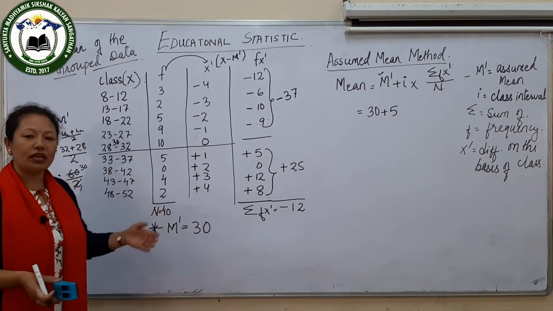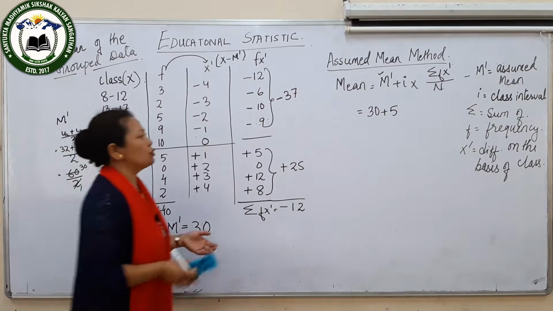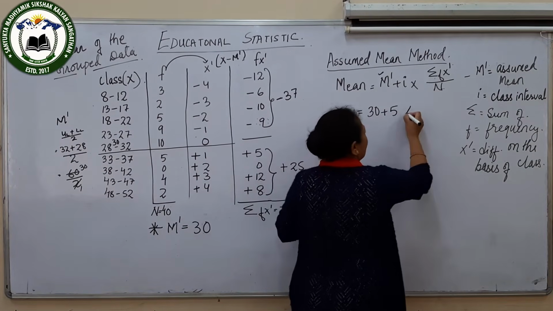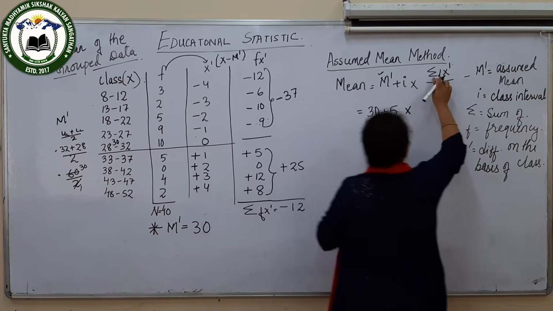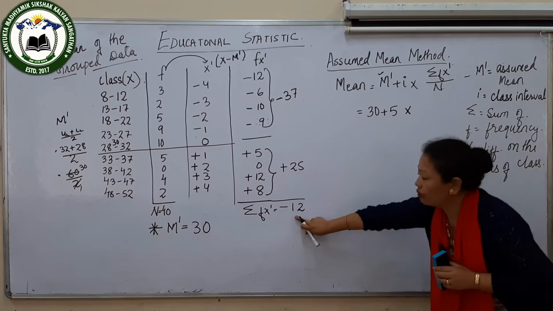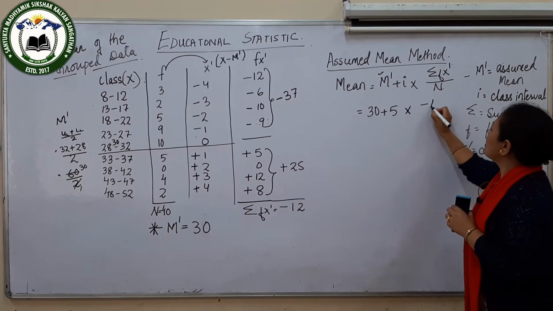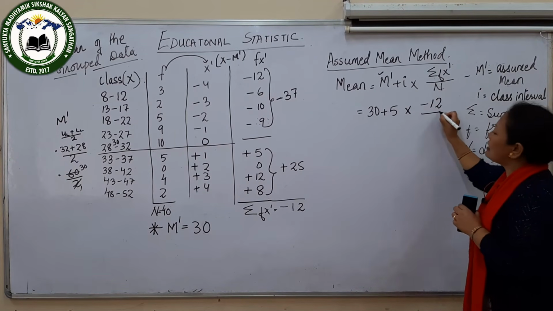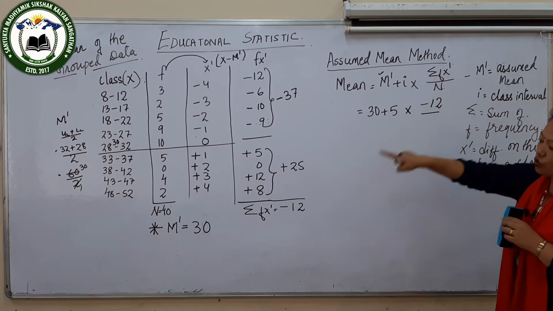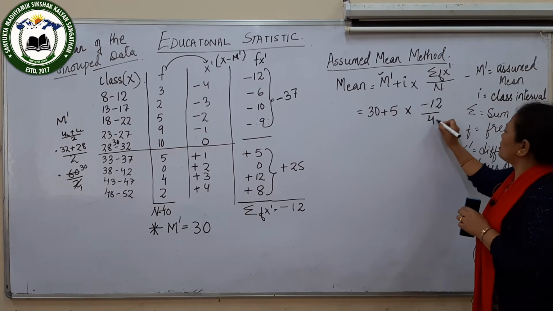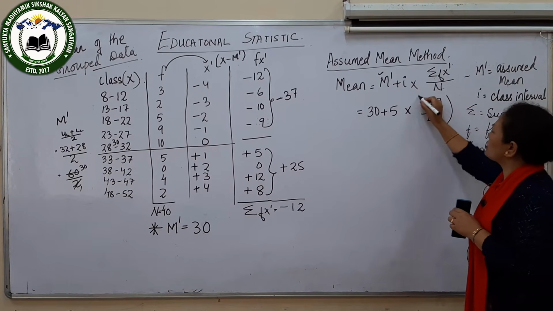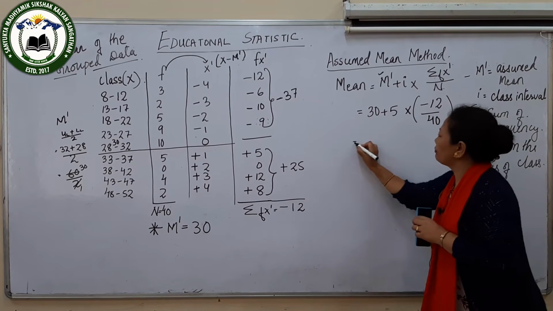It may be 3, it may be 4, it may be 2. So, next is sigma fx dash, over here minus 12, divided by what is my n? Total number is 40. So, I'll put this one into bracket.